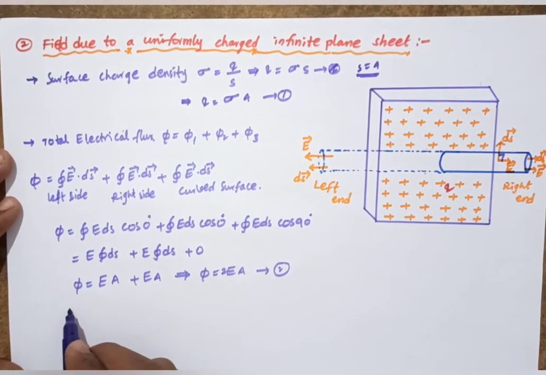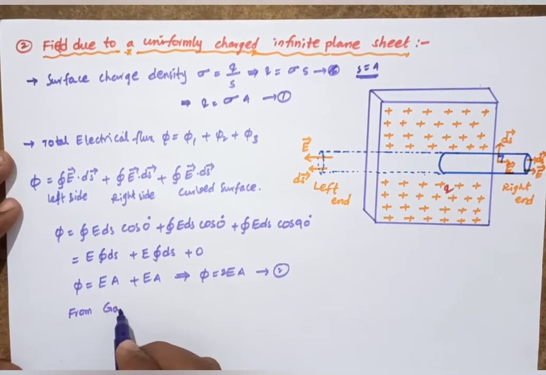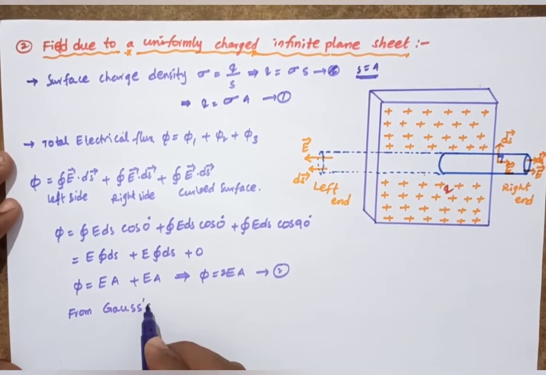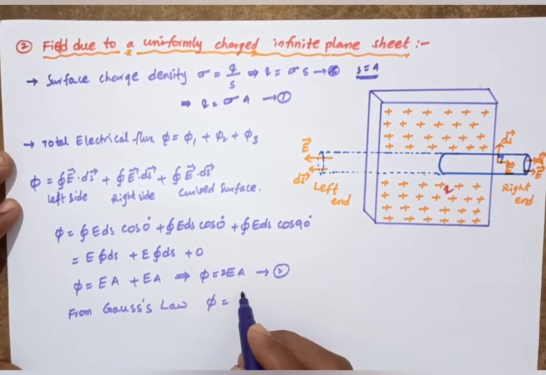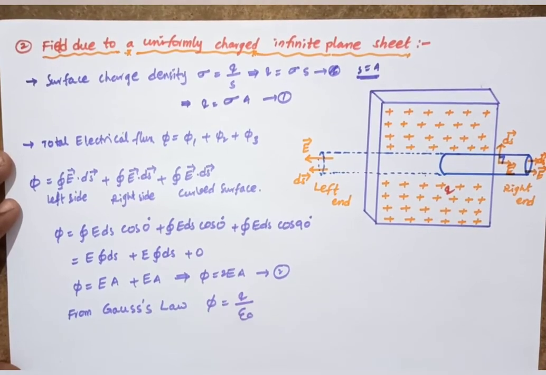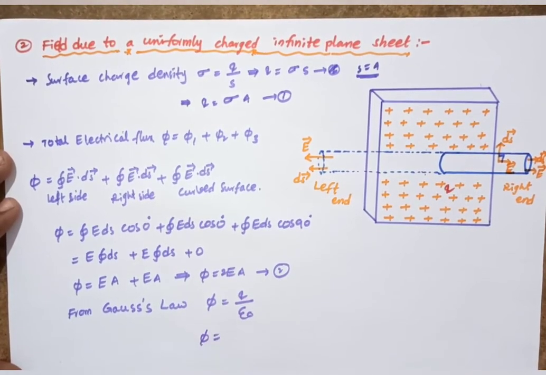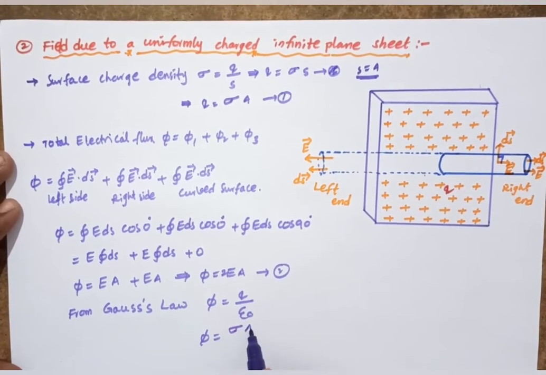From Gauss law, phi equals Q by epsilon naught. So what is Q? Phi equals sigma A by epsilon naught.